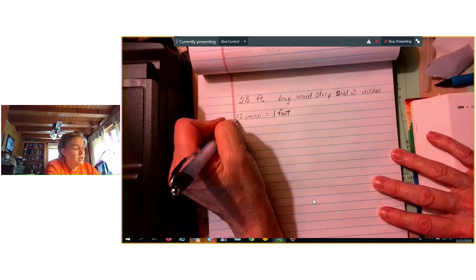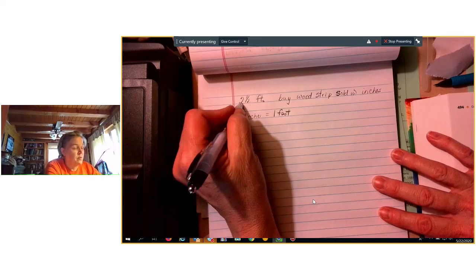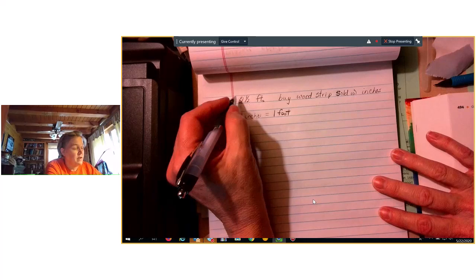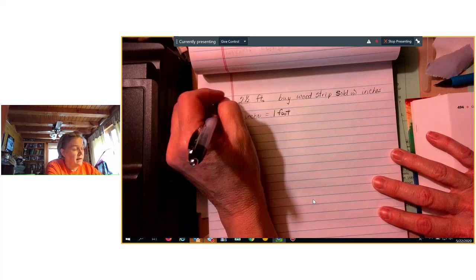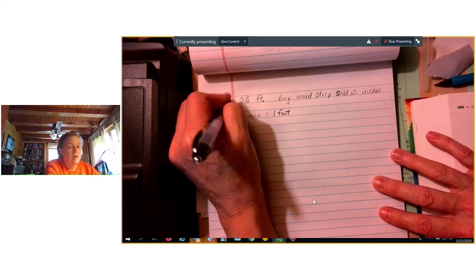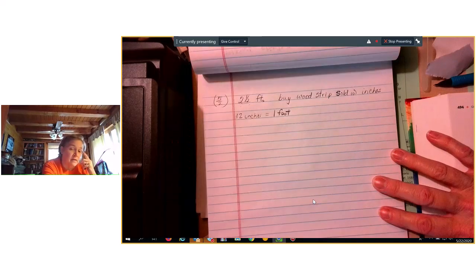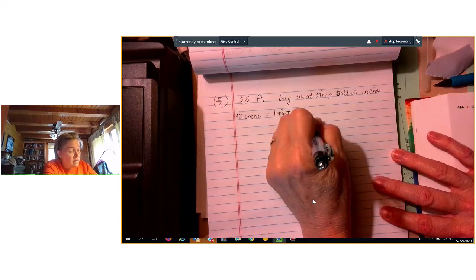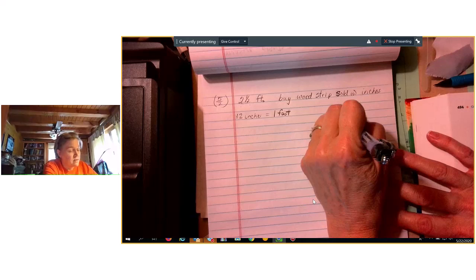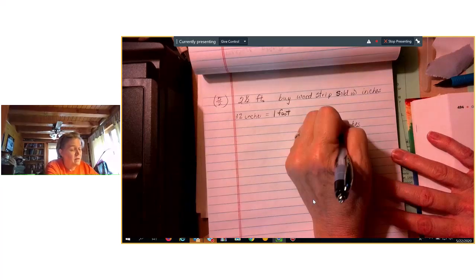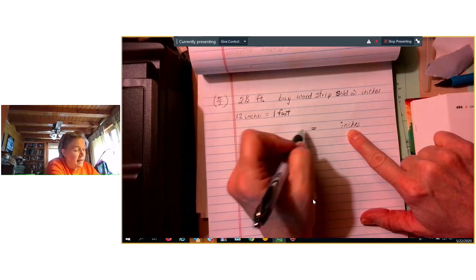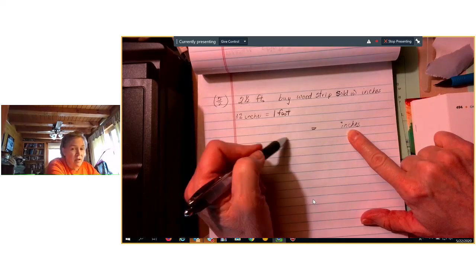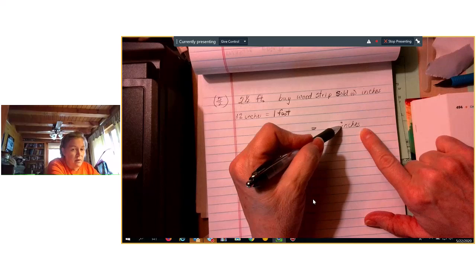So I'm going to change this to a mixed number. My 2.5 feet: 2 times 2 is 4, plus 1 is 5. So I have 5 halves, which is the same thing as 2.5 feet. Now, I want this conversion to end up in inches. And this is the reason I put inches here: when I cancel out through here, I want inches to be in my numerator.